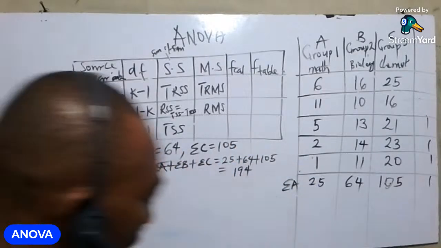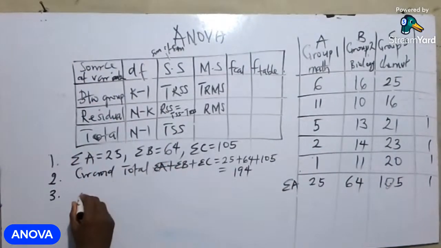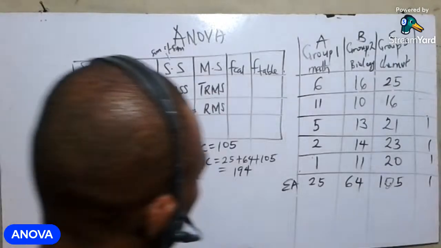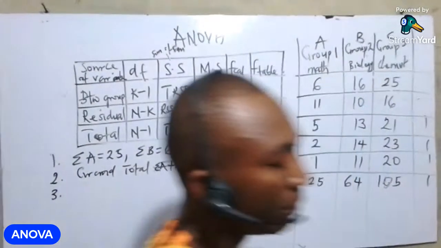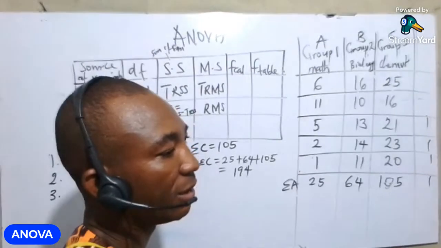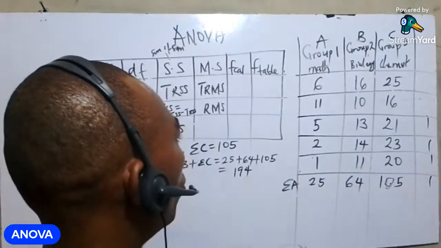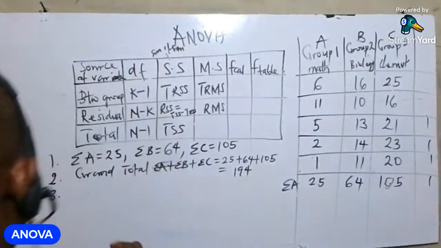So the next step, which is step 3, is to know the number per group. N is the number per group. I want us to look at it very well, one after the other.